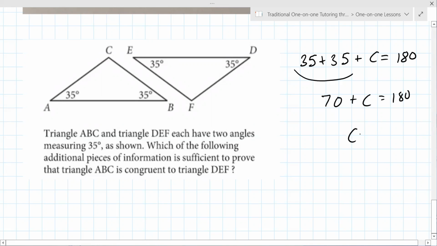Yep. So C equals 110. Now, let's say that AC is congruent to FE.